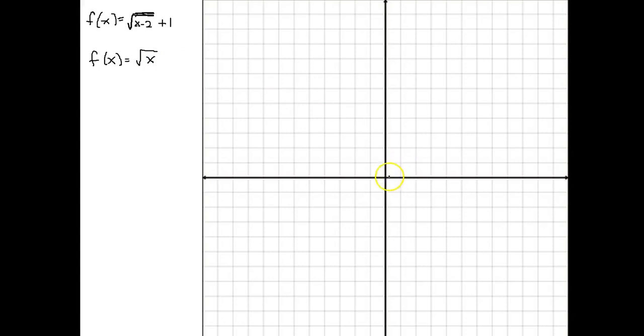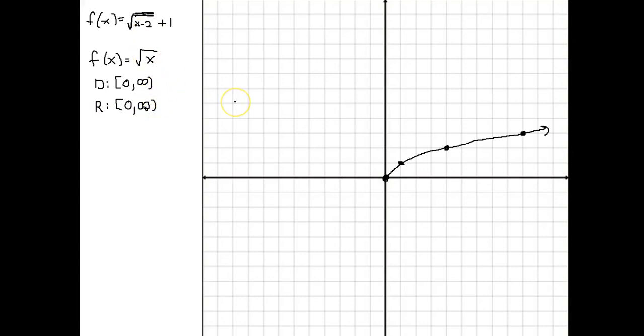Square root function, when you graph it, looks like this. It's like half of a sideways parabola. It's going like that. Square root function has a domain of 0 to infinity and a range of 0 to infinity.